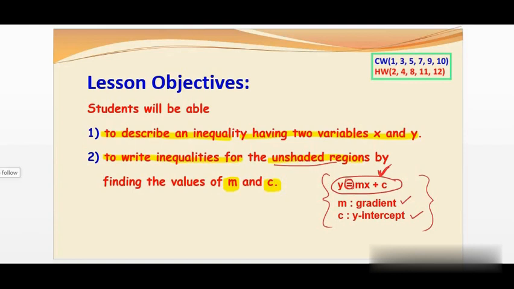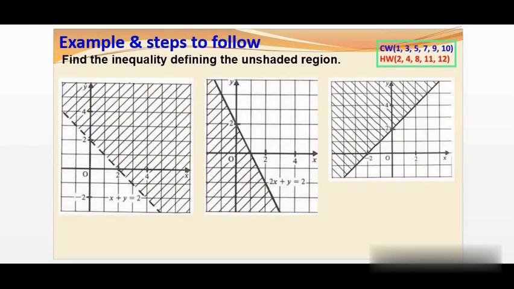So you are going to have two types of questions in which you have to find the inequality by looking at the diagram. The first type of questions are those in which the equation will already be written for the slanting line. You only have to change this equation into an inequality by looking at the slanting line.